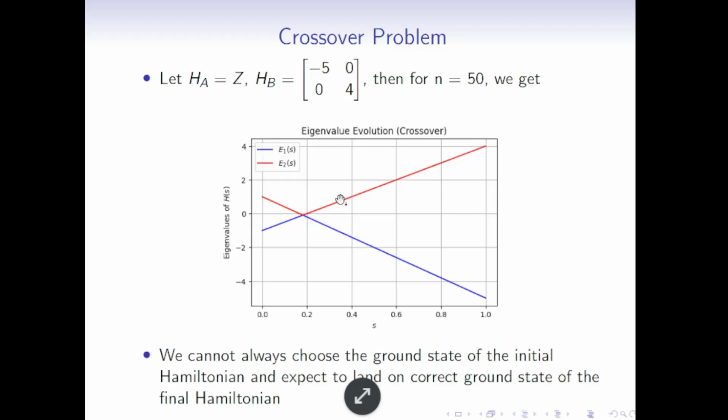In the crossover also, what I have heard is that if this initial state, n equal to 50 number of divisions, if you do a large number of divisions, what you might be thinking is, okay, for small divisions it is not working, let's do very large divisions.